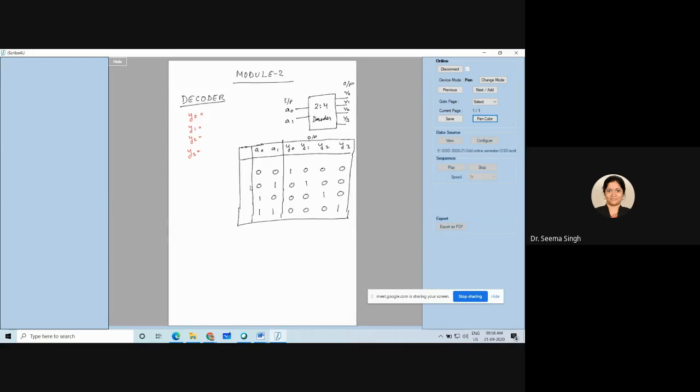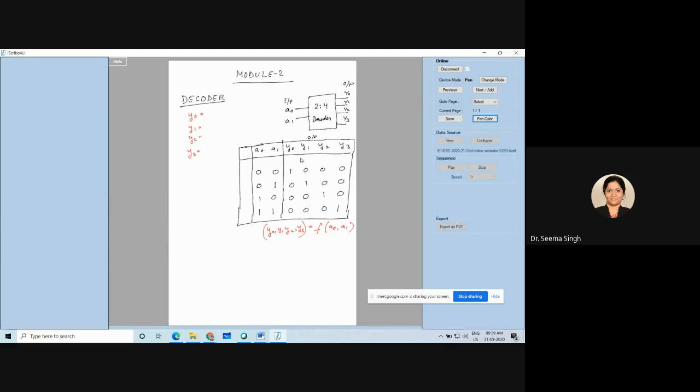What will be Y0? Equation for Y0. You have done your K-map and your truth table, you know how to write it. It is like Y0, Y1, Y2, Y3 as a function of A0, A1, right?